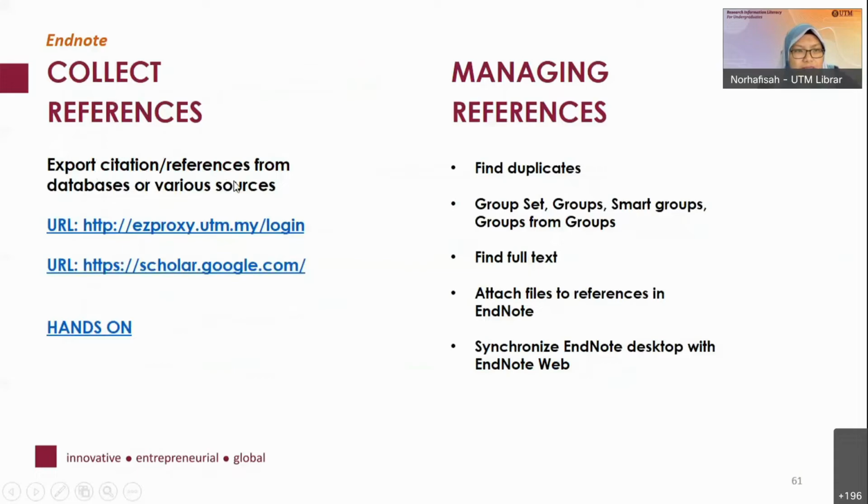You can export citations from databases or various sources, for example our online databases, and Google Scholar. With EndNote, we can find duplicates, we can set up groups, and also we can find the full text, and so on, like I will show you in EndNote.